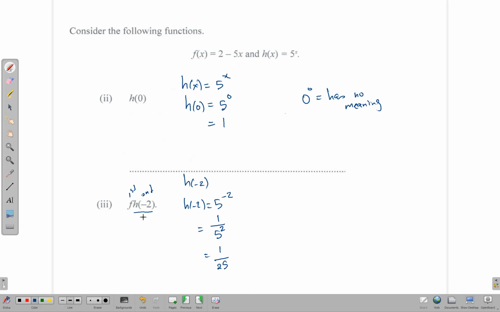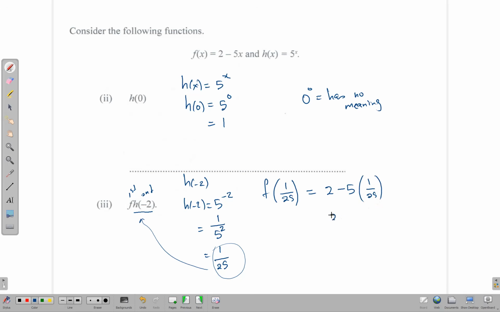Having gotten that value, since h of negative 2 is equal to 1 over 25, we substitute this value now into f. And so essentially what we're finding is f of 1 over 25. Which means that we're going to substitute 1 over 25 into f of x. So 2 minus 5 bracket 1 over 25.